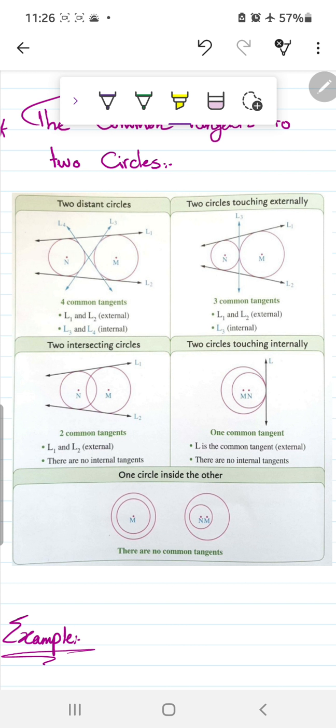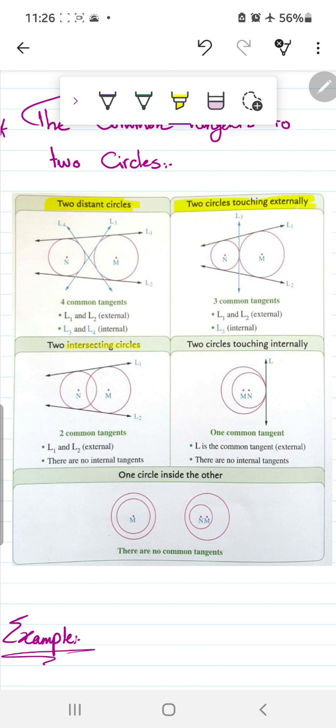L1 and L2 are external to the two circles, and L3 and L4 are internal. Okay, that is for distant circles. Here, for circles touching externally, we have 3 common tangents: L1 and L2 external, and only L3 internal.